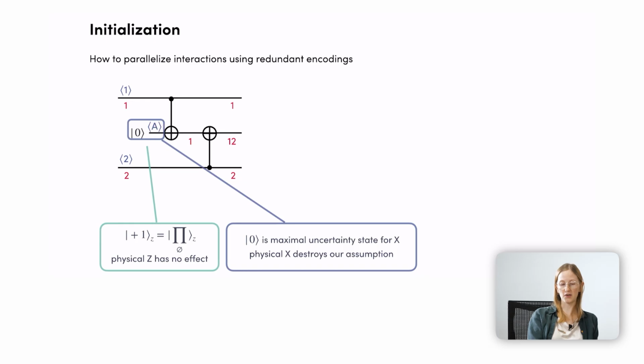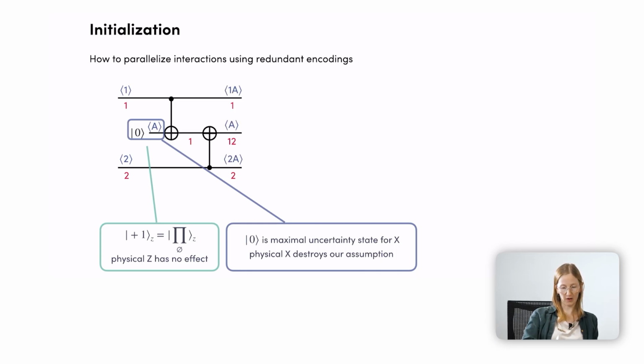But of course, this assumption is only true as long as I don't do an X flip on this qubit. So in fact, I will now interpret this operator A as the forbidden operator in such a stabilizer code, because whenever I would do an operation on this operator, this would exactly flip this qubit's value, but I wanted this qubit to be in this certain stabilized value.